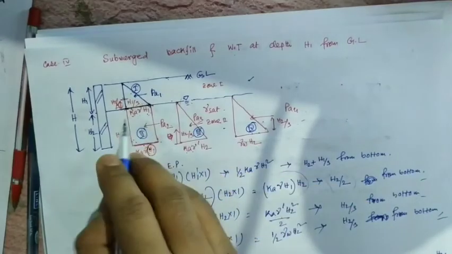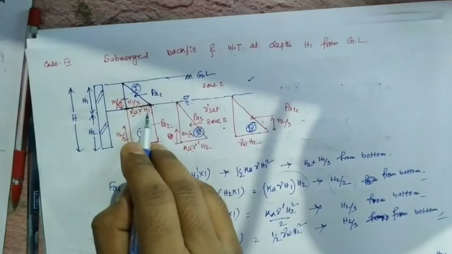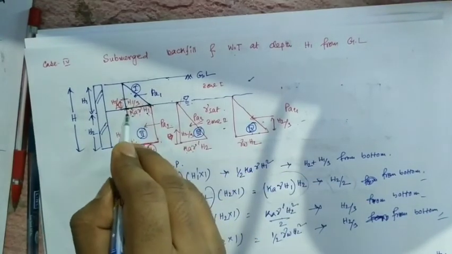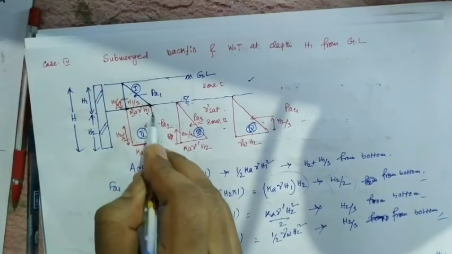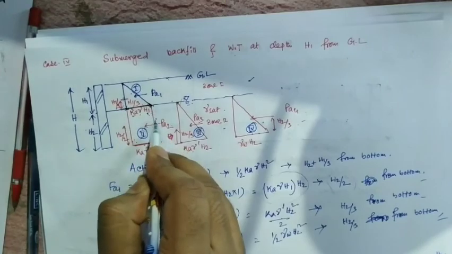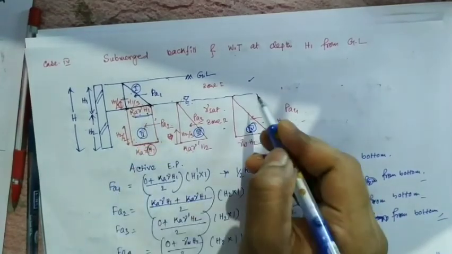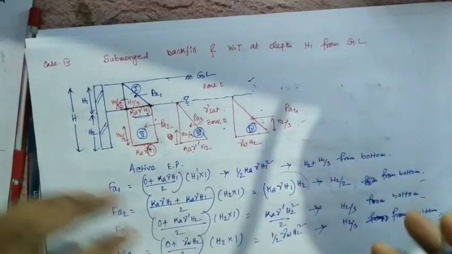In that case, Ka gamma H will be from this level, but when it just comes to zone 2, it will change because phi is changing. So I am showing now case 5. It is all about different soil.